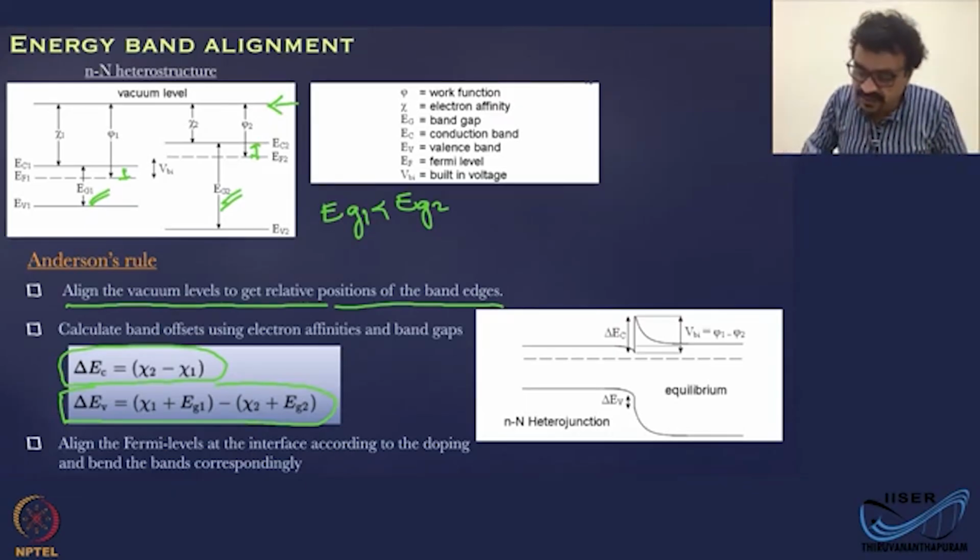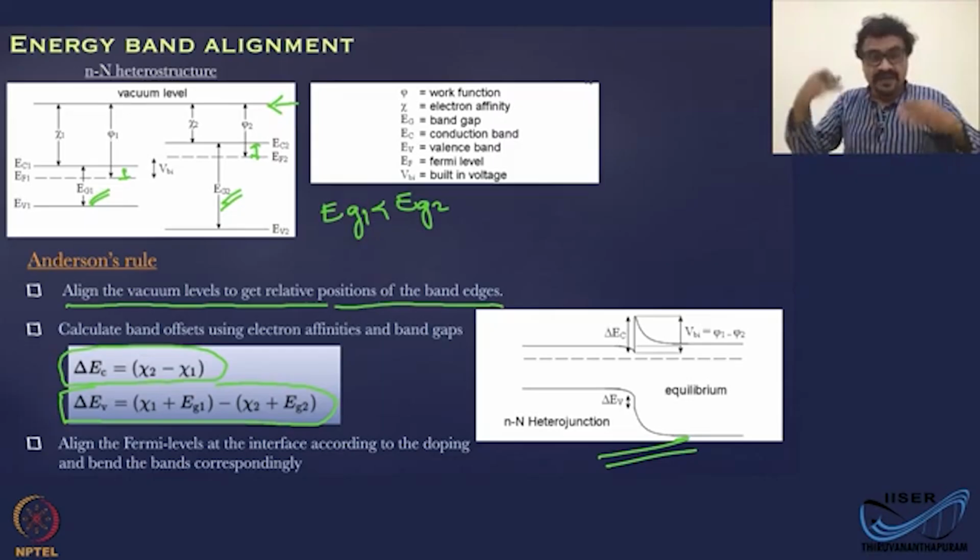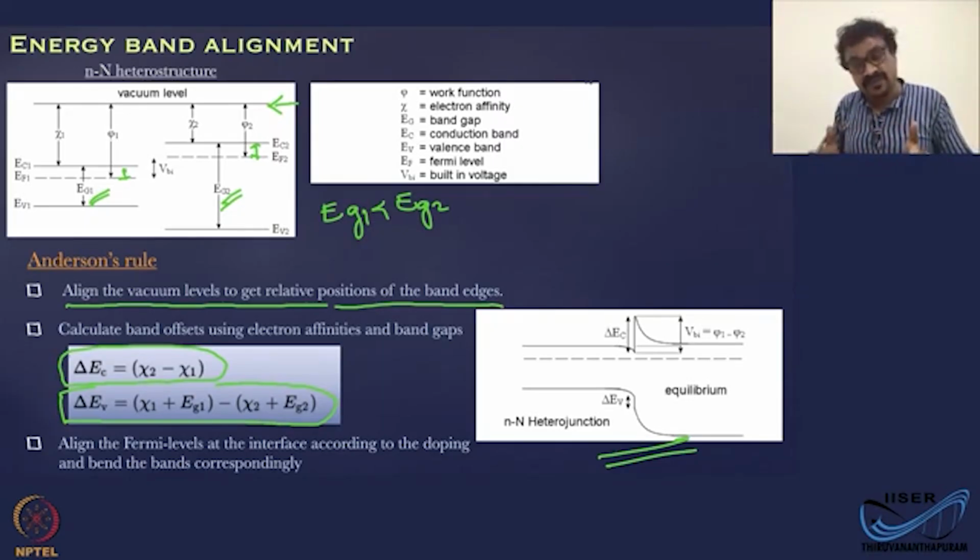That is how you get this structure here. Alright, that is the process of aligning the bands to join two different semiconductors, or the same semiconductor but different doping levels. Now let us look into what are the different cases of aligning these bands.